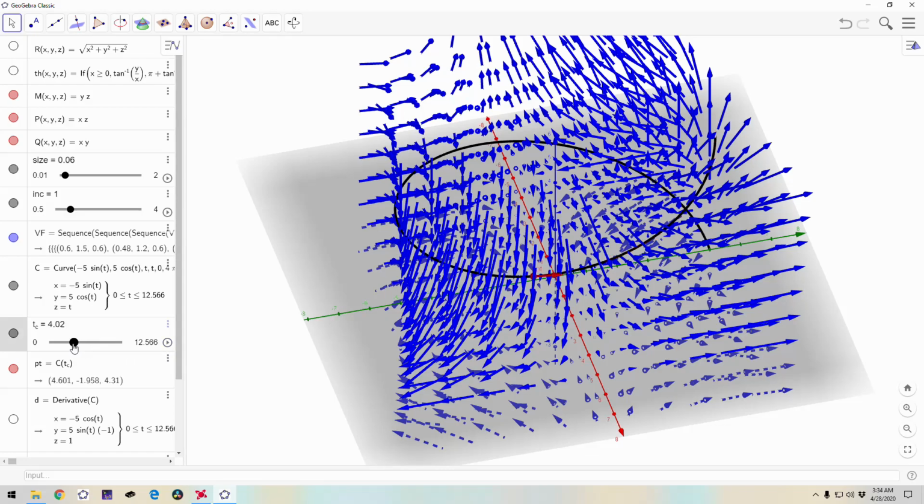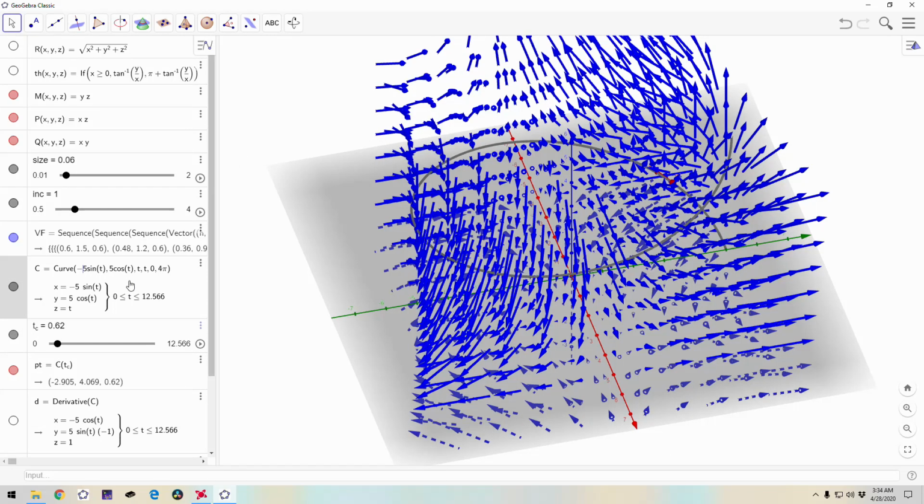Okay, so now, real quick, let's try to reparameterize the second way we did it there.